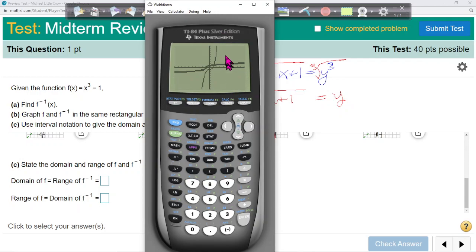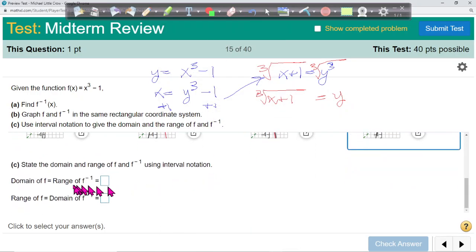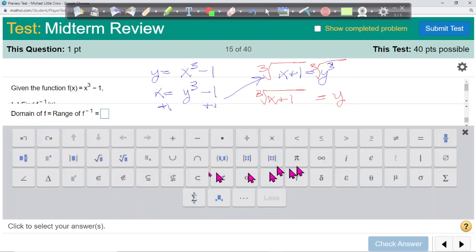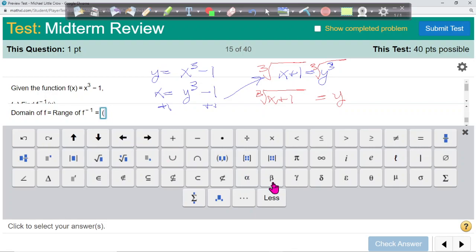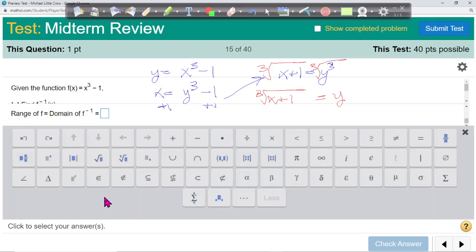So the domain and ranges really are equal to each other. So the domain of f is equal to the range of the inverse, which happens to be everything. So this one's just going to be negative infinity until positive infinity. And that's going to be the same thing for the range of f and the domain of f inverse.